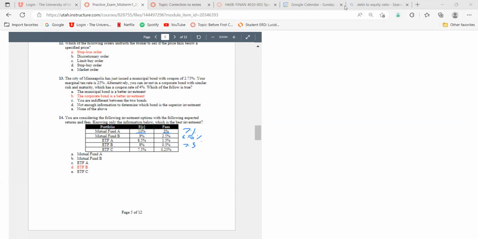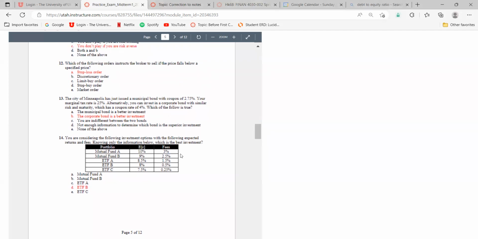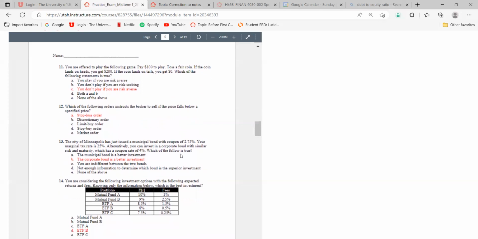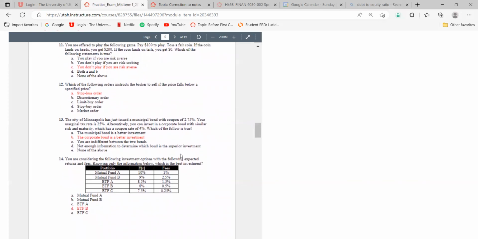So really quickly, we're probably going to have one question on this: the dollar return per share and the percent return per share. The dollar return is just subtraction and then addition, and the percent is just a division.